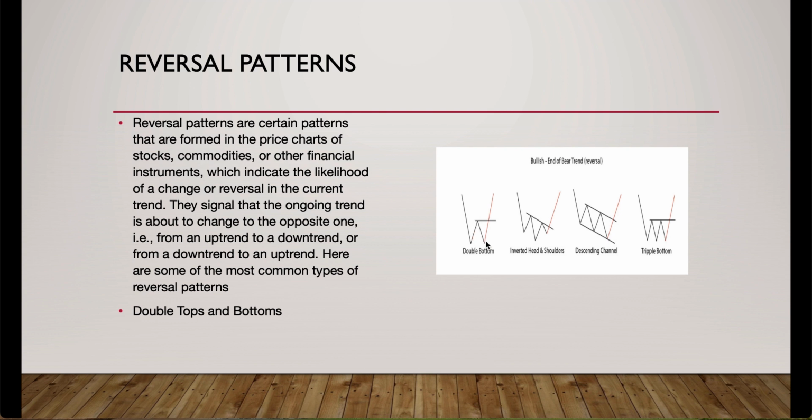This will usually happen at a support level or somewhere where the market has decided to pause and reverse. It could be a psychological figure, a psychological number, or a point that the market has failed to break so many times and usually reverses from. So this is where we can see the information there.